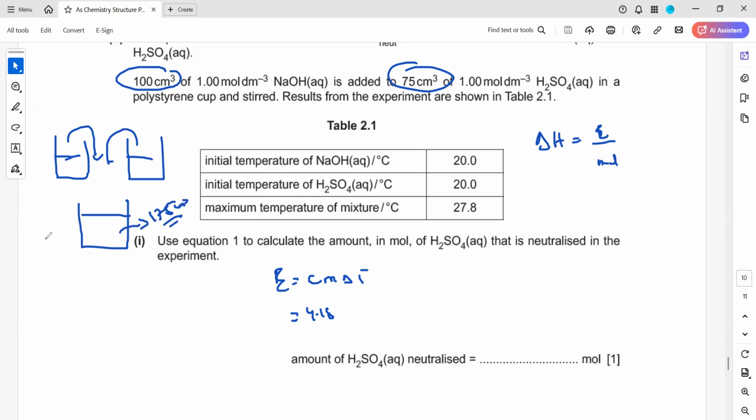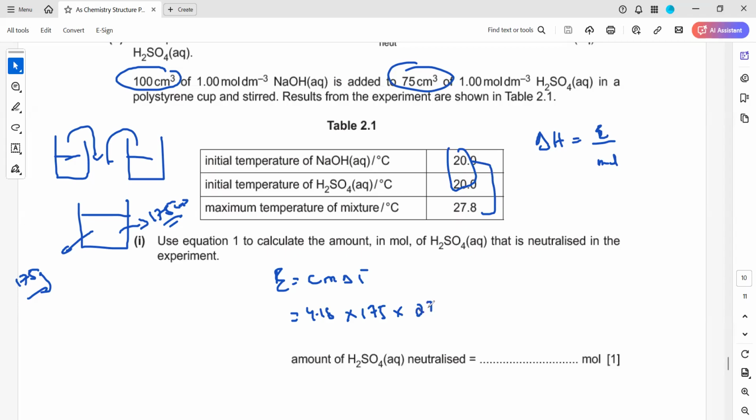The total volume of the solution is always the same as the total mass of the solution, because we assume that the density is 1 gram per cm cube. So the mass of the solution will be 175. The temperature changed. Initially it was at 20 for the two, and when we mix them together, the temperature rises to 27.8.